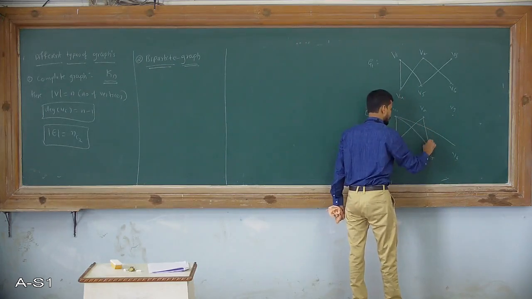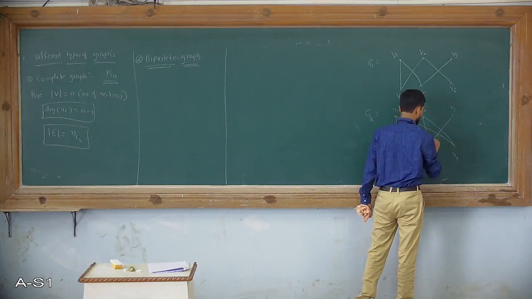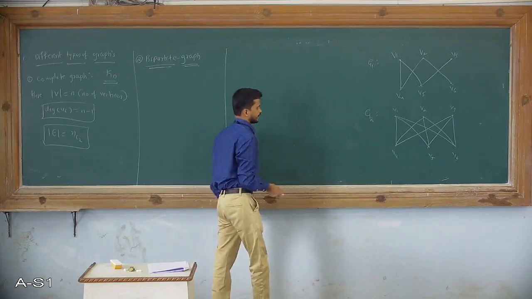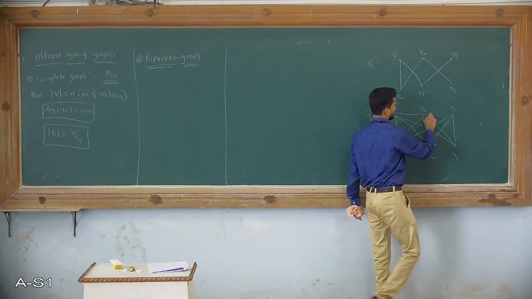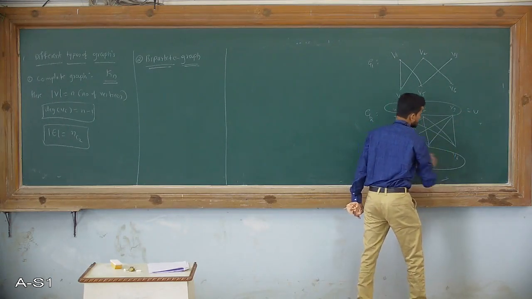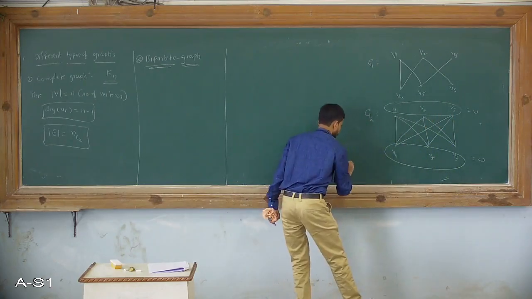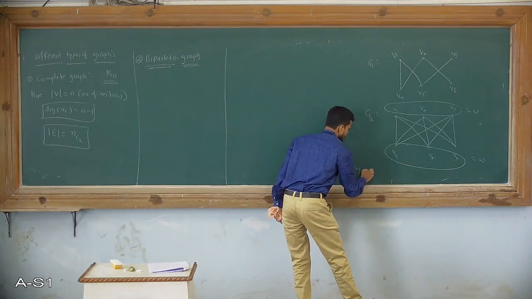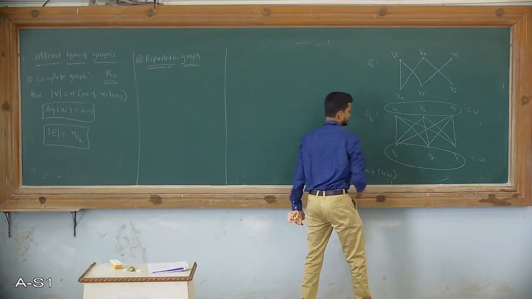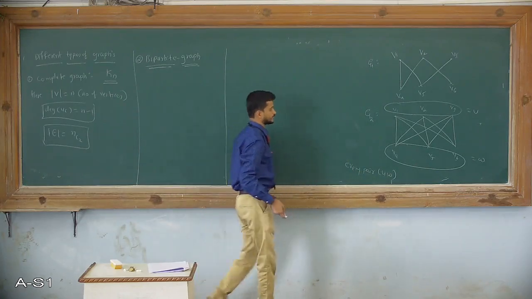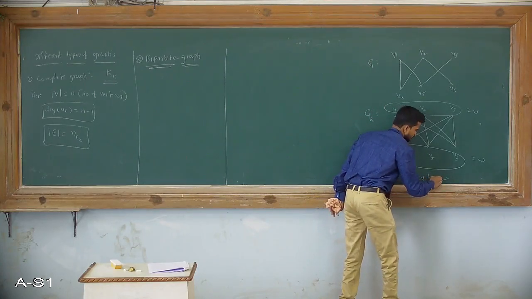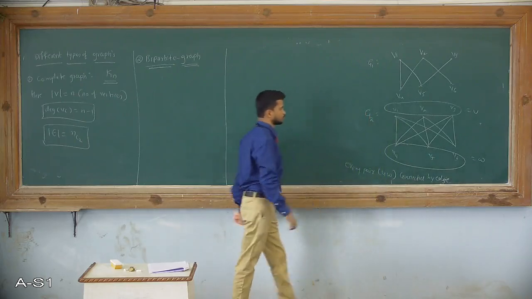The major difference between these two graphs is, if you take this as U and this as W, every pair of U comma W is connected by an edge.